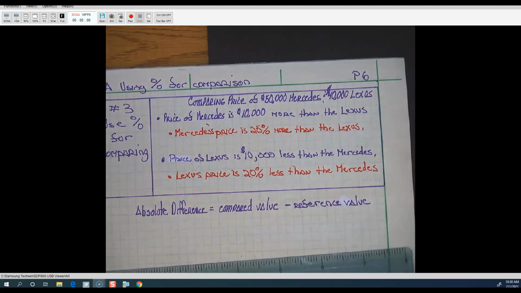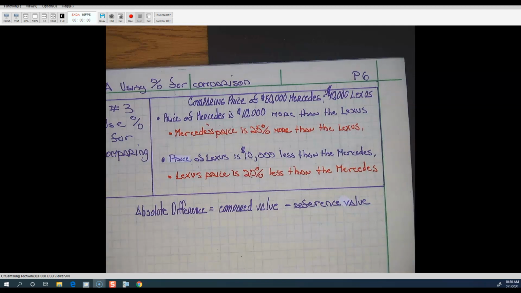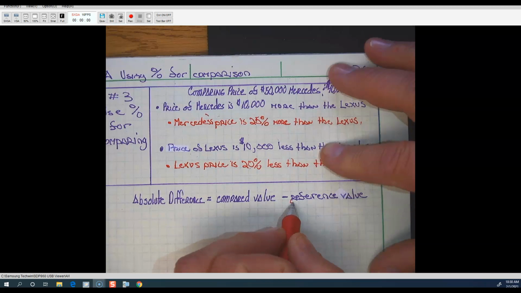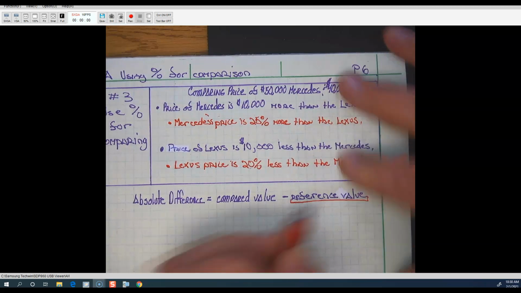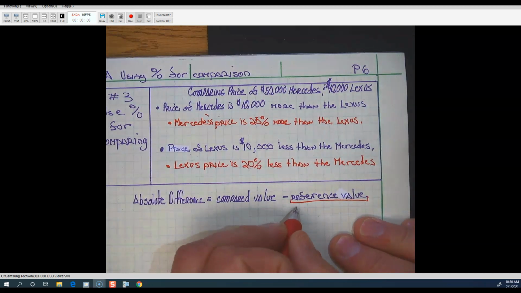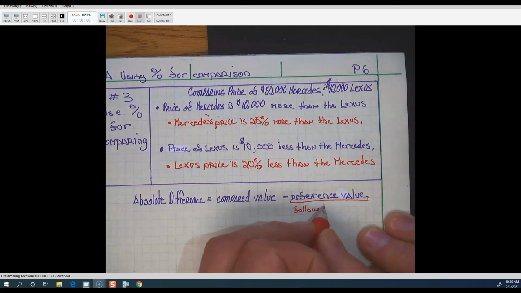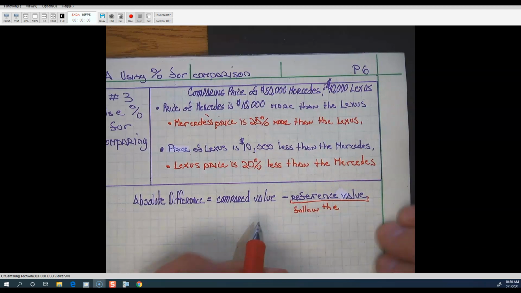Okay, the reference value is what follows the word then, I'm sorry, so this follows the phrase more than or less than.